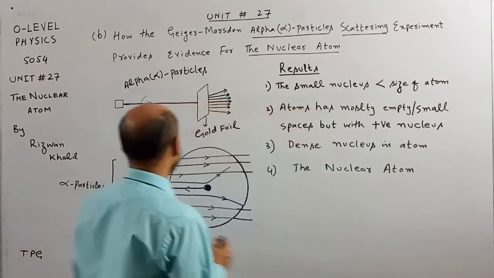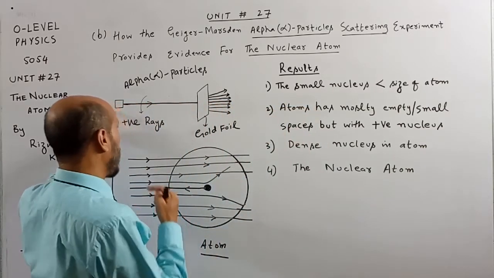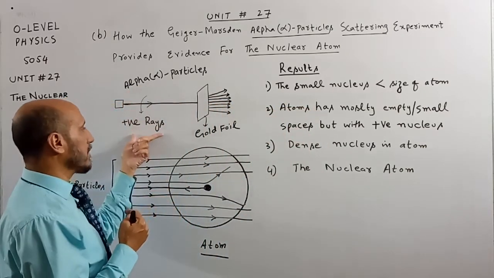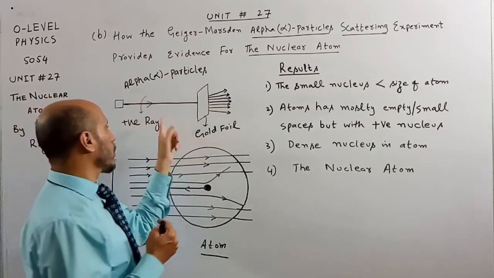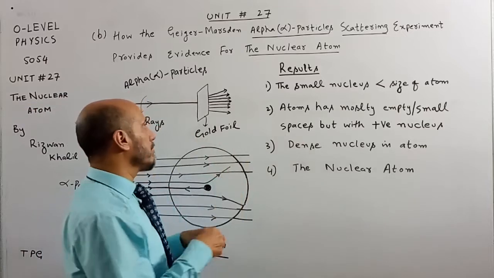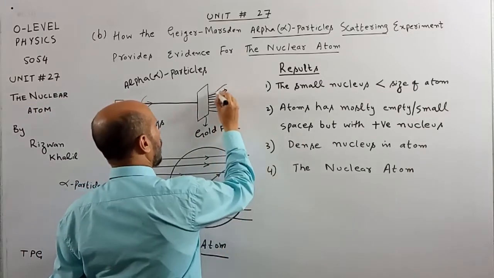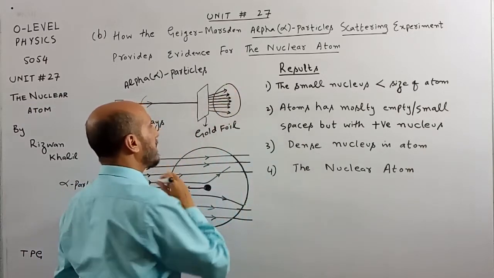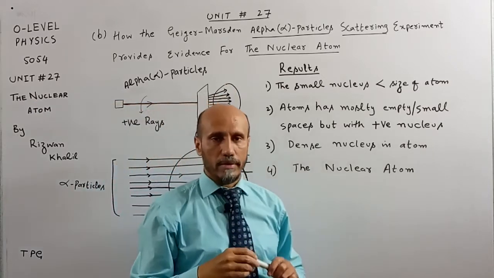So they considered alpha particles, which are positively charged rays, and they threw these alpha particles on gold foil, and this was the pattern of the rays being scattered by the gold foil.